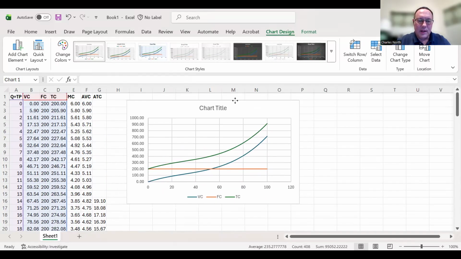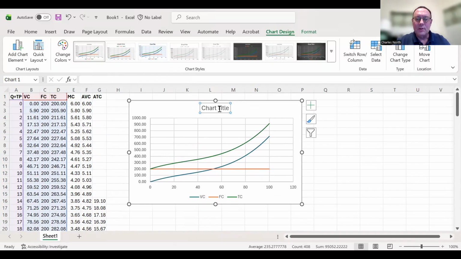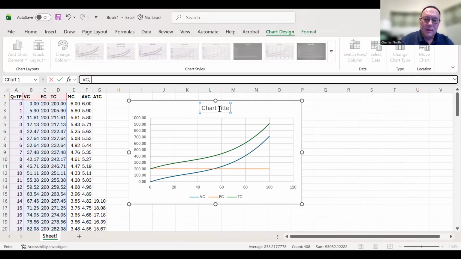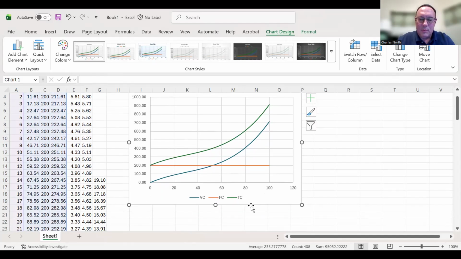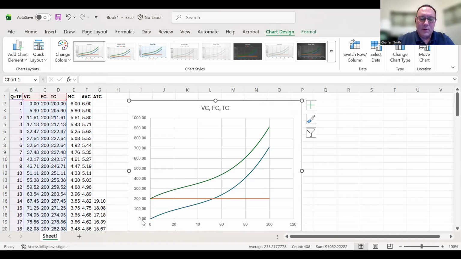But you can see that we've got way up here the first chart. The chart title I'm going to say is going to be variable cost, fixed cost, and total cost. And then just to highlight the shape of it a little more, I'm going to stretch out the vertical by a bit. And you can see then this sort of S shape where we've got an inflection point.